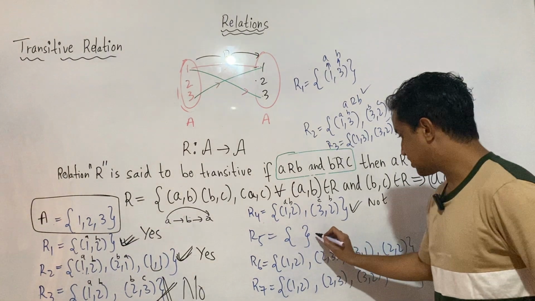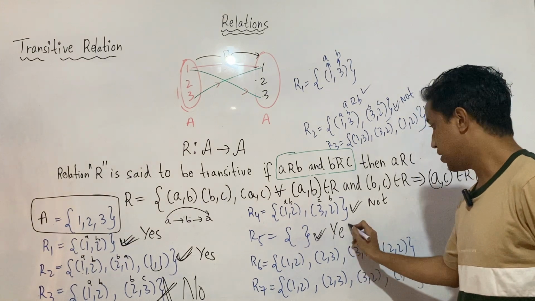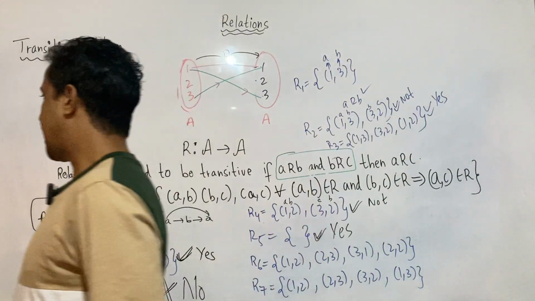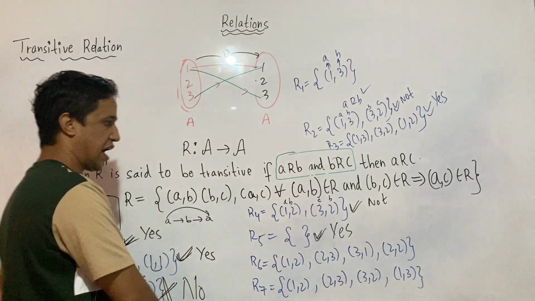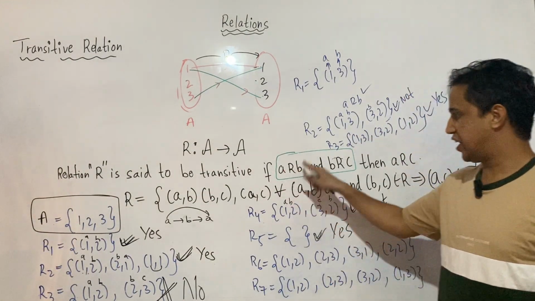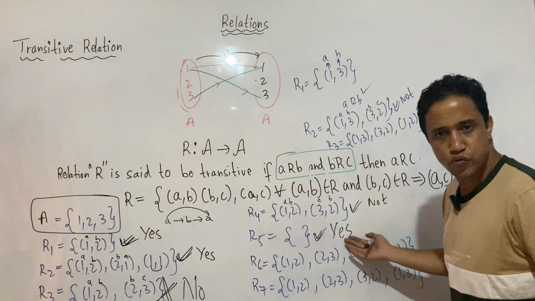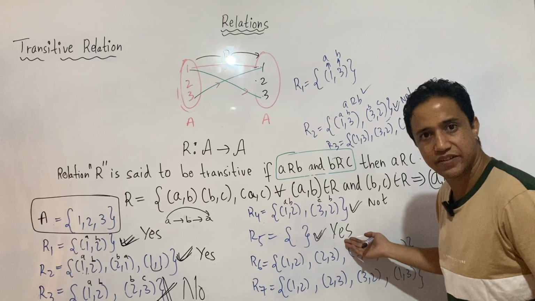Then next, this empty relation, yes, it is transitive, right? Why is it transitive? Because A is not related to B, B is not related to C, A is also not related to C. Understand?